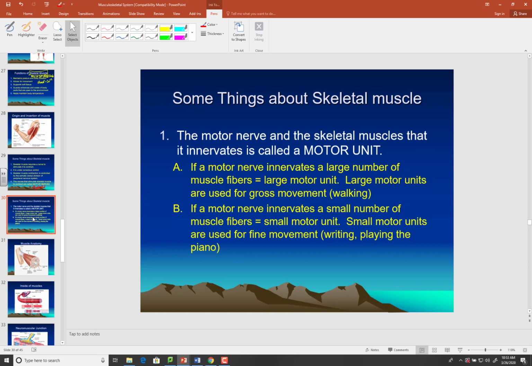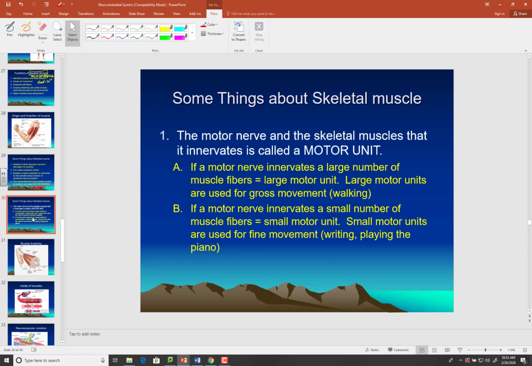Get it? And then you have small motor units, where one nerve innervates a small number of muscle fibers, and that's involved in fine motor skills, right? Writing, playing the piano, swinging a golf club. Again, swinging my golf club could be defined as gross motor movement, but I digress.